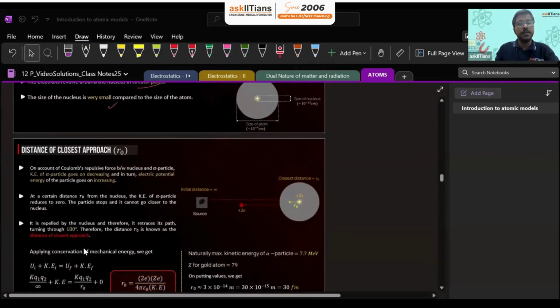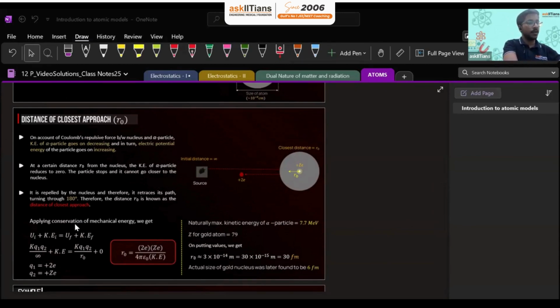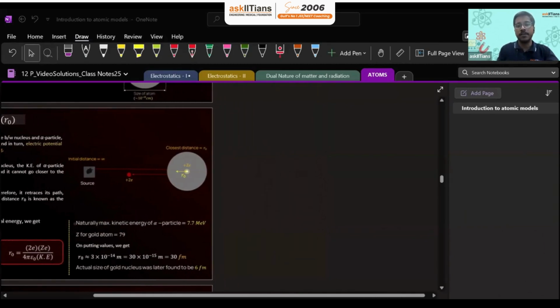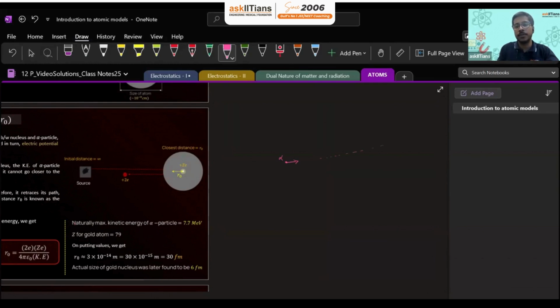Okay. Now, another term which is very important in this topic is the distance of closest approach. What do you mean by distance of closest approach? Here in this case, suppose consider an alpha particle projected from this point in this direction, and along this path we have kept an atom or a nucleus here.